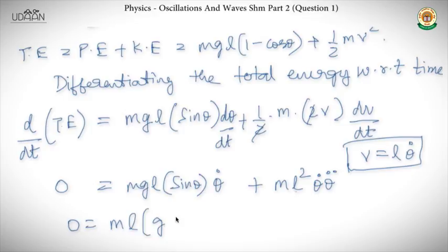You get g. You can take out even theta dot. It is mg theta dot. Sorry, we can take out an L as well. Yeah, right? mL. It's g sin theta plus L theta double dot.